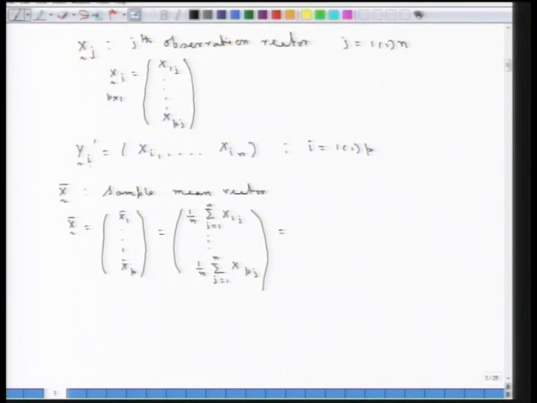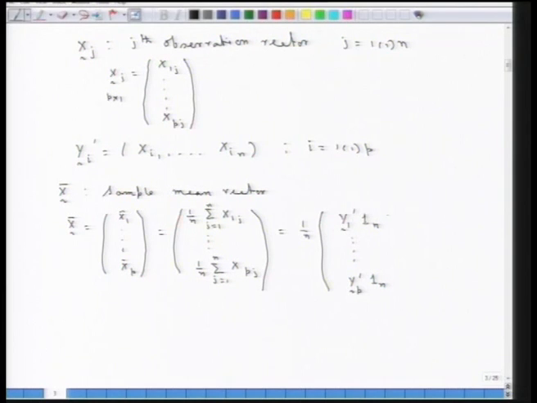Now in terms of this observation vector, this can be written in the following way. We can take 1 upon n outside, and then what we have here is y1 prime multiplied by 1n, which is a column vector of dimension n with 1 as all the entries, and the last one corresponds to all the observations for the pth variable.